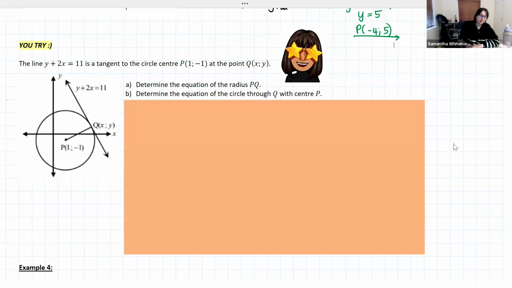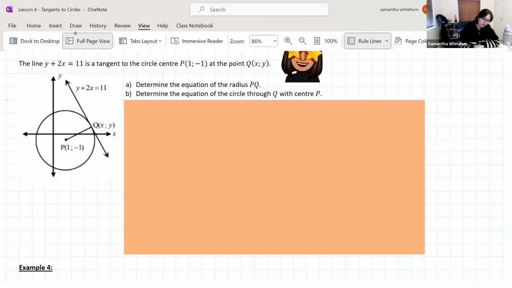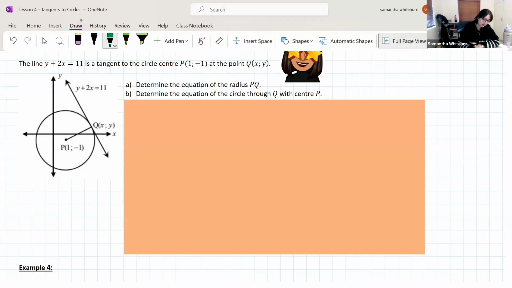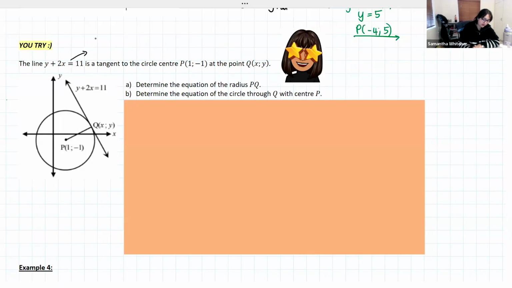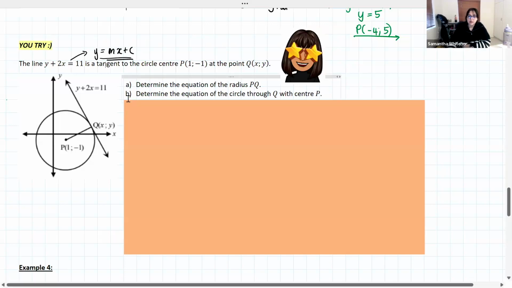Right, the only hint I'm going to give you is just remember, whenever you are given a straight line where the equation is not in standard form, put it into standard form, which is y is equal to mx plus c. Because that's the only way you can figure out what your gradient and y-intercept is.